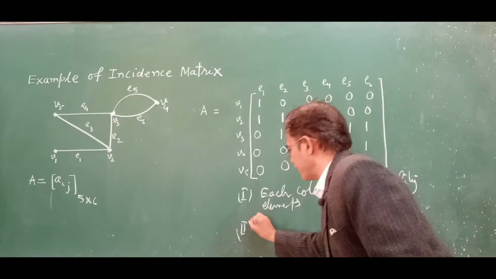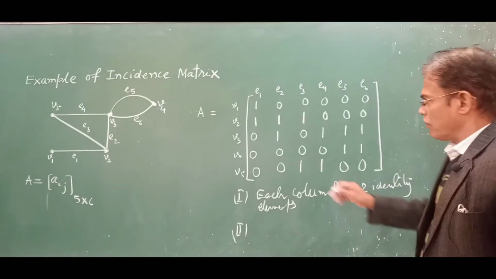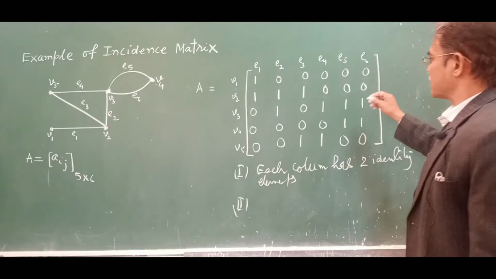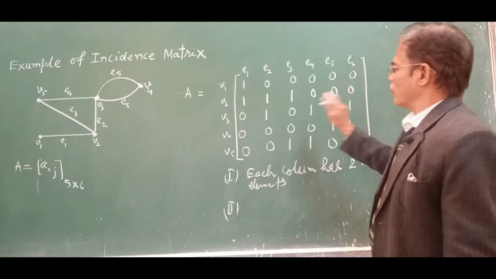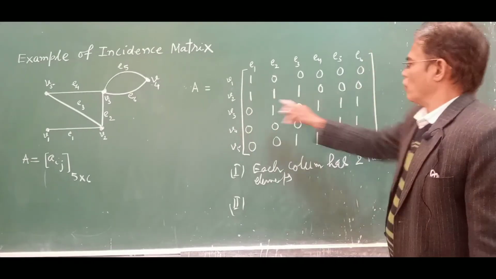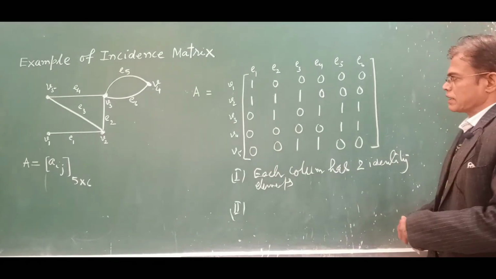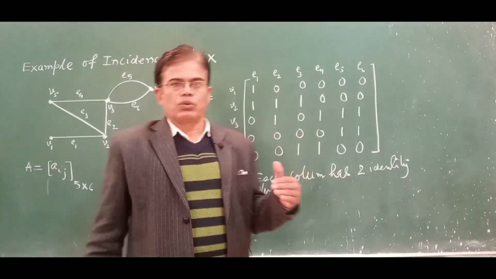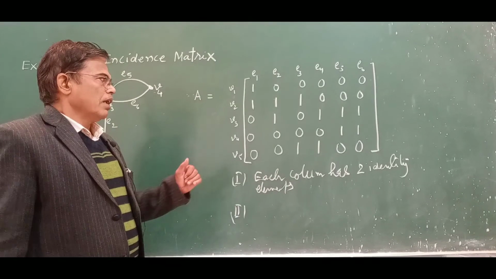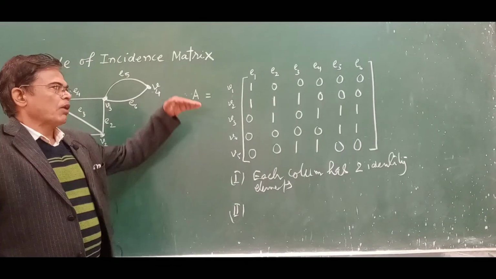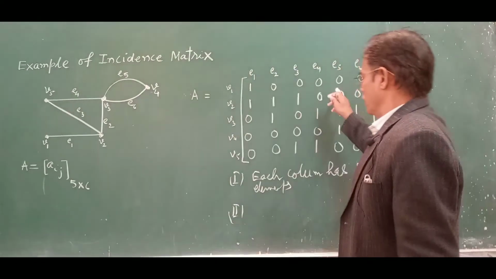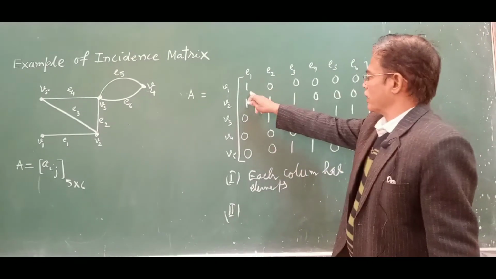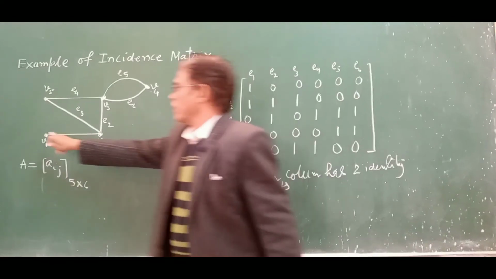And the second property: the sum of each row. The sum of the first row for V1 is 1, the sum of the second row is 1 2 3. It means the sum of each row represents the degree of the corresponding vertex. Suppose this is the first row, the sum of the first row is 1, so the degree of V1 is 1.